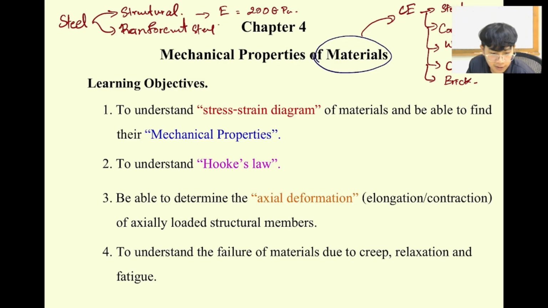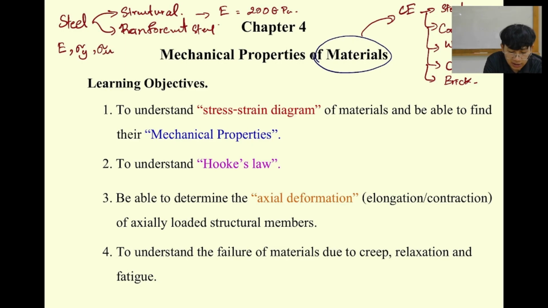If you focus on steel, can you tell me how many parameters we're going to use for the steel that Ajahn Siddhichai always mentions? For steel, according to the TAS, we would like to test for what? Young modulus, yield stress, ultimate stress, and the percentage elongation.